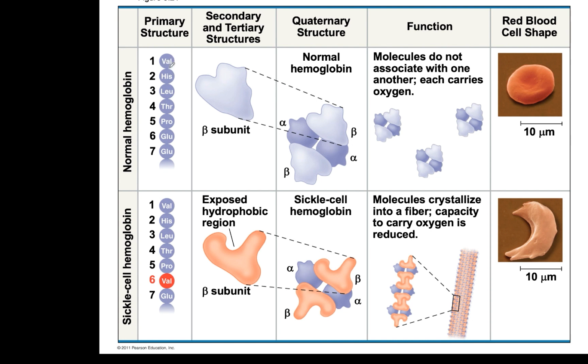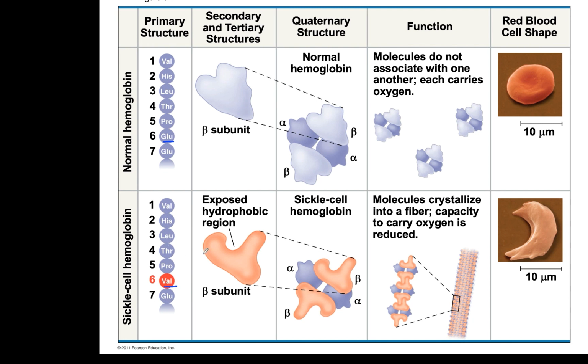Once the hemoglobin protein is formed normally, the red blood cell looks like this. It's a ring structure. At the center it is a little bit collapsed. In sickle cell hemoglobin, amino acid number 6, glutamate (GLU), mutates to valine (VAL).